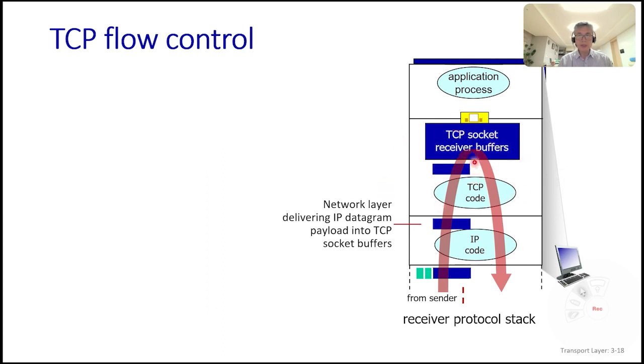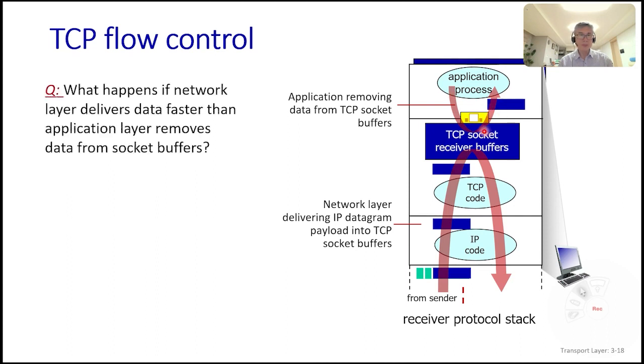Especially the TCP socket has a receiver buffer. The network layer receives some datagrams and then forwards them to the TCP socket layer, and then the TCP socket layer gets the data and pushes it up to the application process.